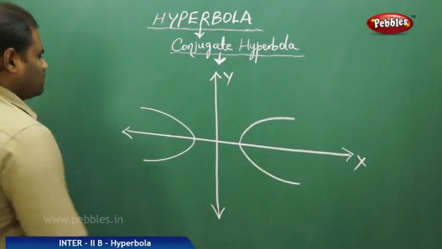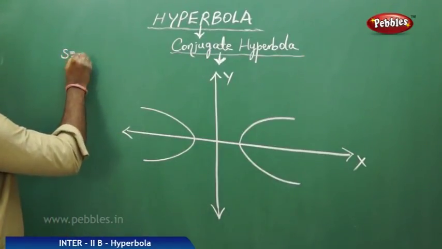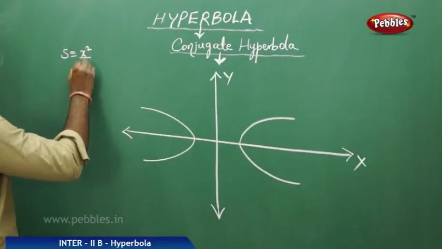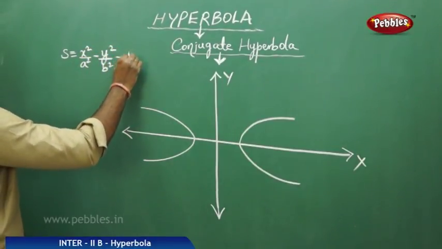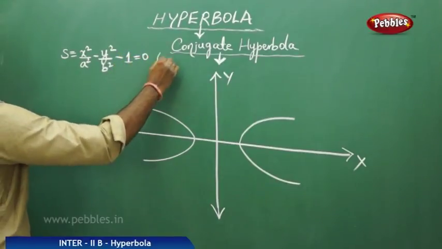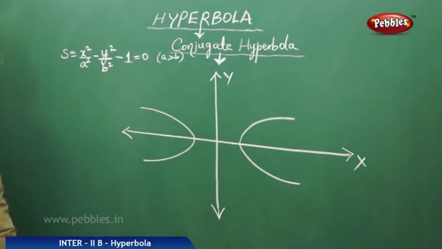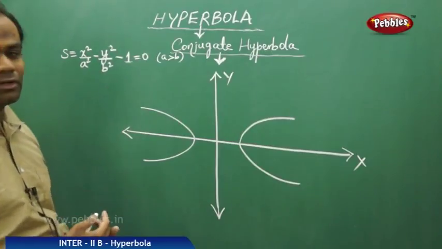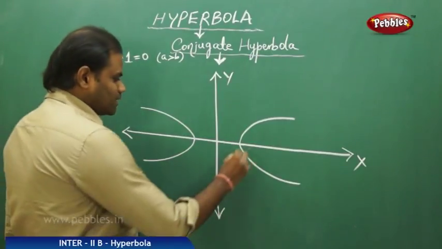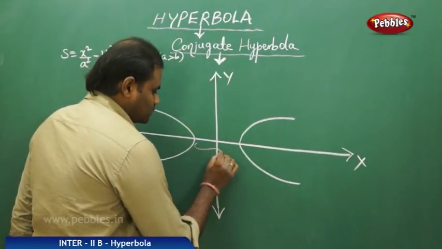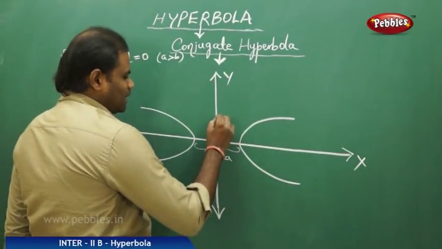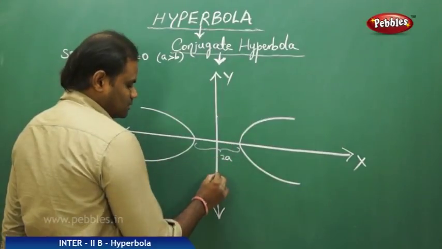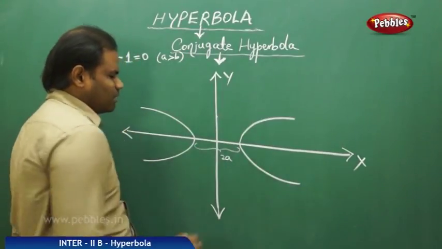Suppose I have the hyperbola S: x squared by a squared minus y squared by b squared minus 1 equal to 0 with a greater than b, then I would like to define the conjugate hyperbola for this. In that case, my transverse axis, which is 2a, will act as the conjugate axis for the hyperbola.